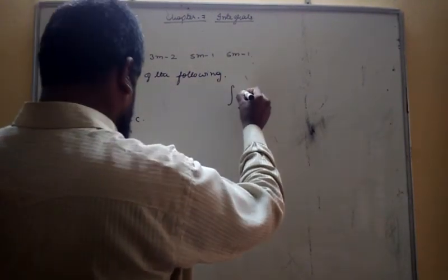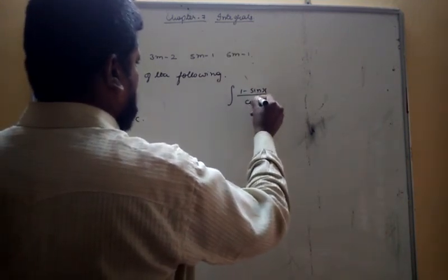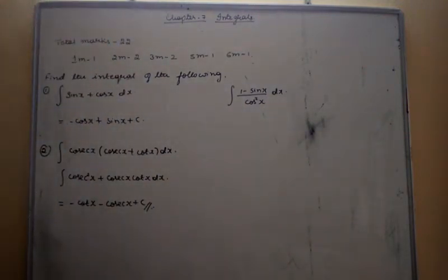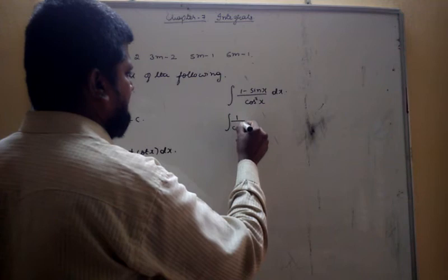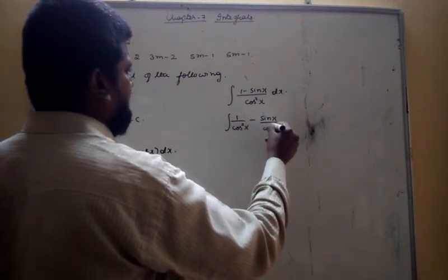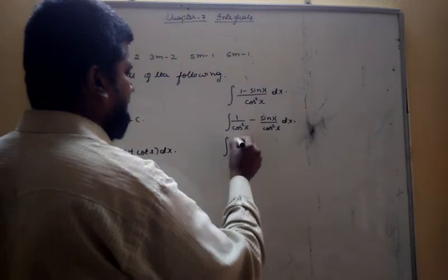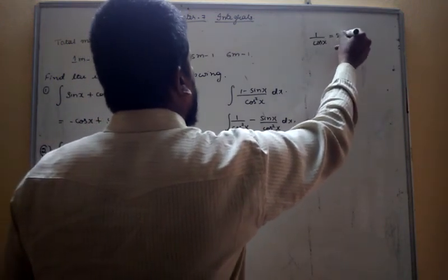The next problem is the integral of 1 minus sin x by cos square x dx. Okay, so we have to integrate this one. Let us separate the terms first: 1 by cos square x minus sin x by cos square x dx. We know that 1 by cos x can be written as secant x.